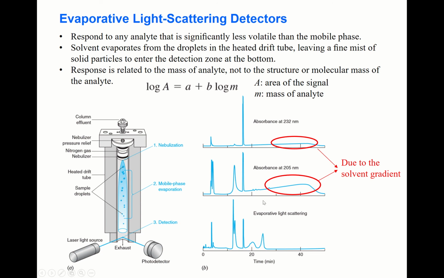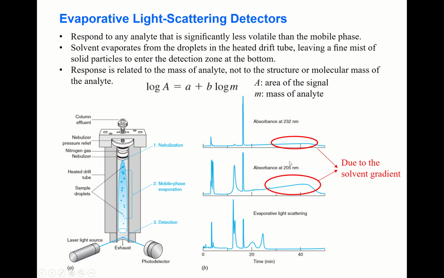And also this background signal is quite constant, quite small, but with this UV detector, in this area there is a sloping background. This middle one shows a more severe sloping background.